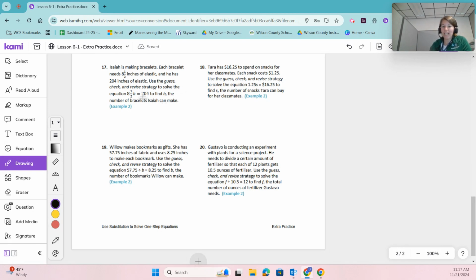So the equation: if I'm taking 8.5 inches per bracelet, so 8.5 times some number of bracelets that I don't know, that is going to equal the total amount of elastic that I have. That's what that equation would look like here. So 8.5 is the amount I need per bracelet. So we multiply that by the number of bracelets, b, to equal my total that I have, 204.